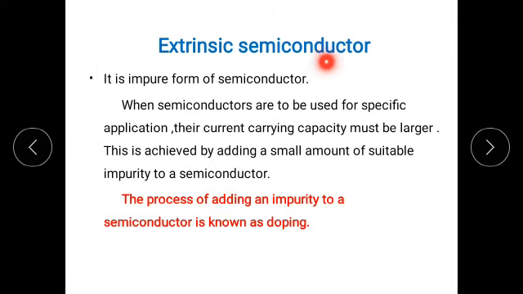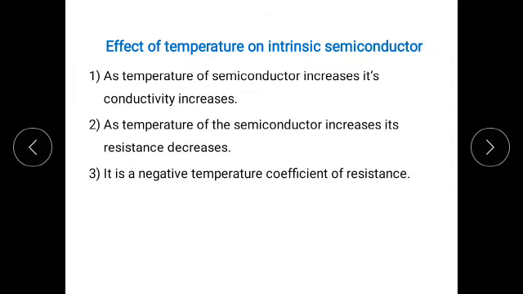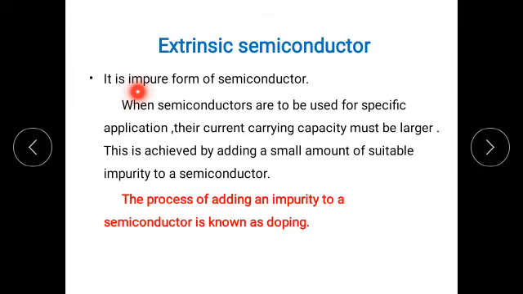Then what is meant by extrinsic semiconductor? We see here that an intrinsic semiconductor is the purest form of semiconductor, and opposite to that, an extrinsic semiconductor is an impure form of semiconductor. When semiconductors are to be used for a specific application, their current carrying capacity must be larger, and this is achieved by adding a small amount of suitable impurity to a semiconductor.